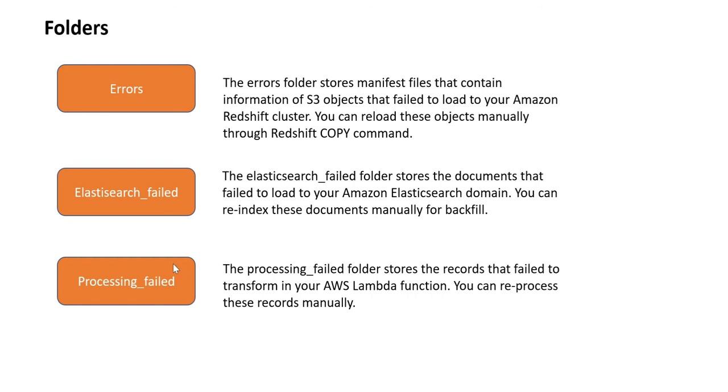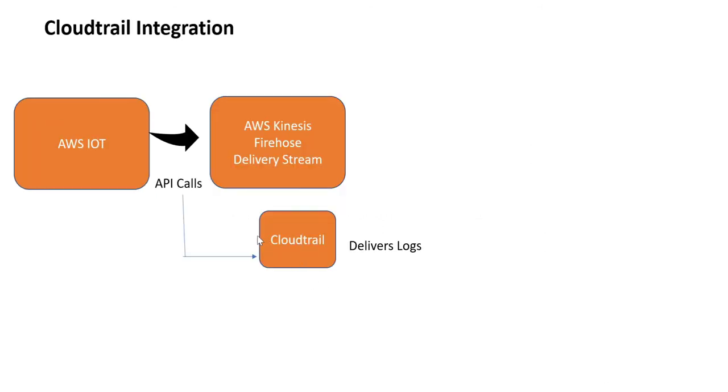And processing failed is another folder. So here those records are stored which failed during the Lambda transformation. So you can reprocess these manually later. There is a CloudTrail integration available for API calls. So suppose the AWS IoT writes through API calls, and CloudTrail keeps a log of that.